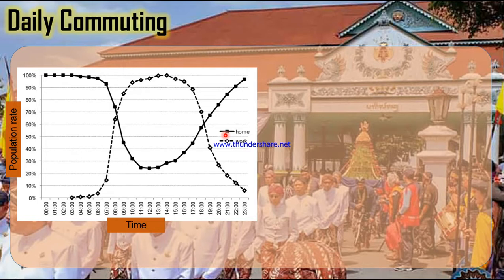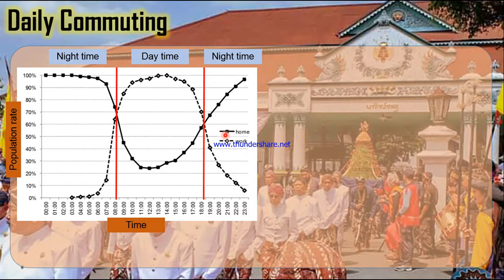Based on the result, we can split the change of period time into two groups. They are nighttime and daytime.